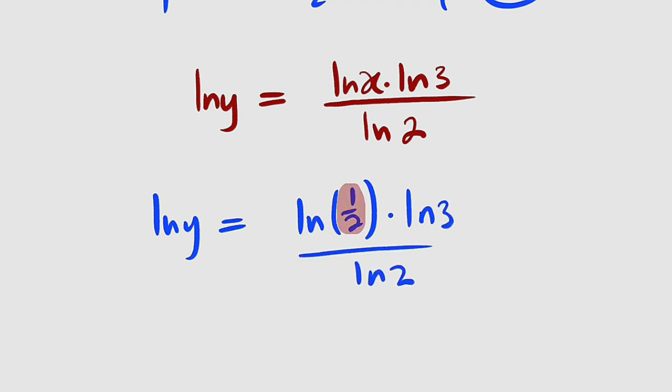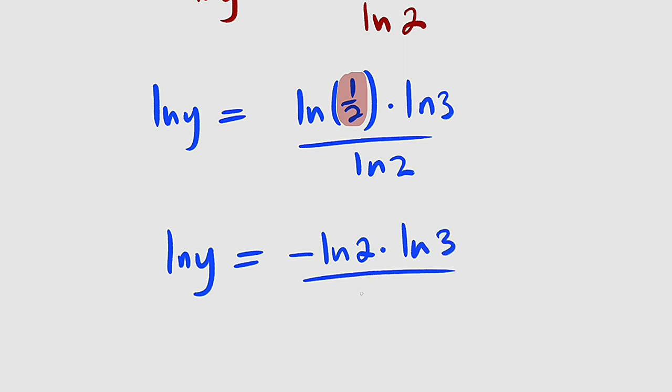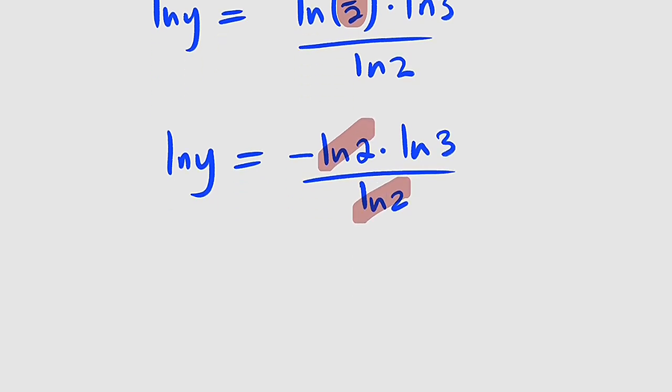And you should know that 1 divided by 2 is the same thing as 2 raised to the power of negative 1, and that negative 1 can drop down to multiply, right? So this becomes ln y equal to negative ln 2 multiplied by ln 3 divided by ln 2. And from here, this will cancel this. What do we have left?